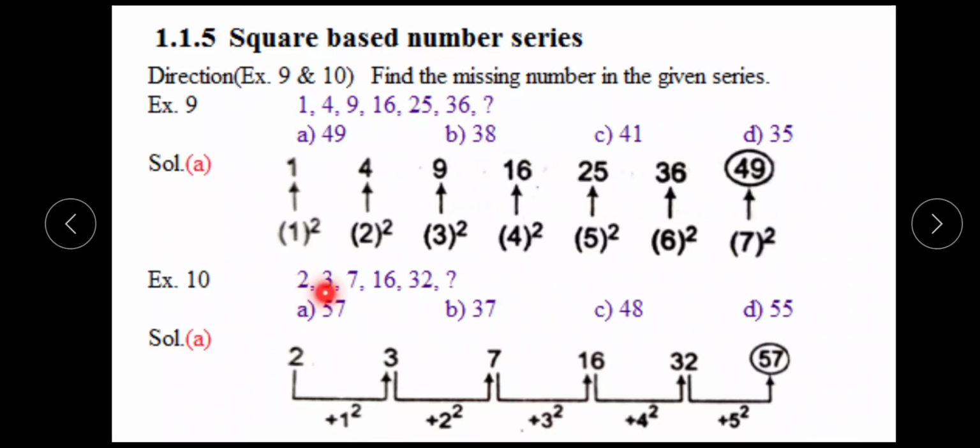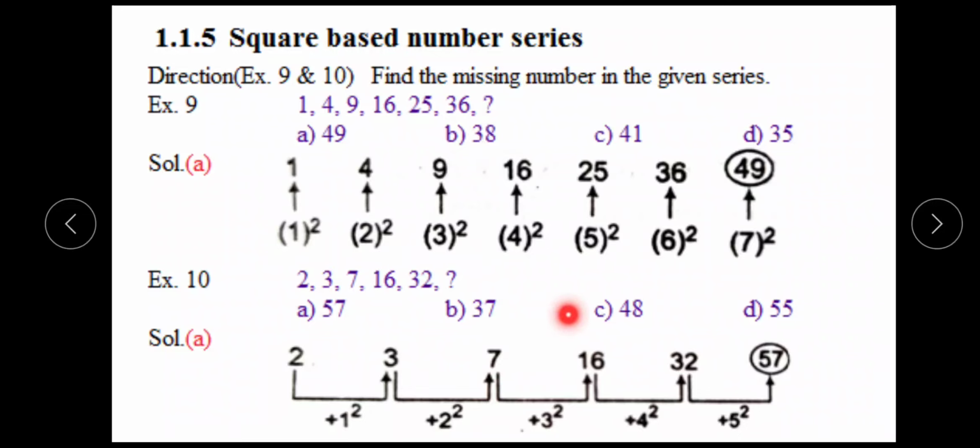Example number 10 is 2, 3, 7, 16, 32. What will be the next value? In this series we can see that these are not squares, but it is also based on squares. How? The difference between the first and second term is 1, that is square of 1. Between the second and third term there is a gap of 4, that is square of 2.